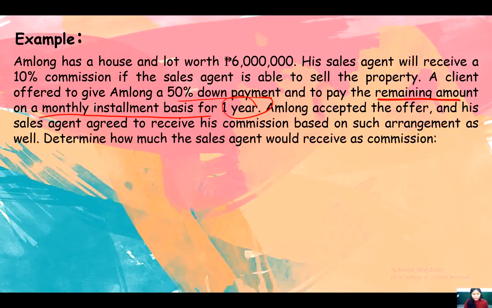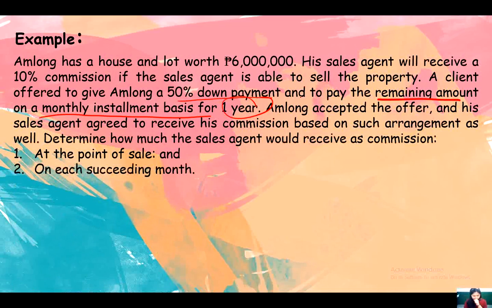Okay, so now we are going to determine how much the sales agent would receive as a commission at the point of sale and on each succeeding month. So we are going to determine the commission on point of sales, which is the 50% down payment, and also we are going to get the commission in each succeeding month.